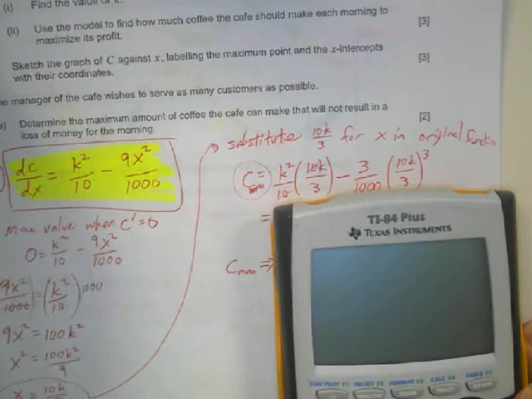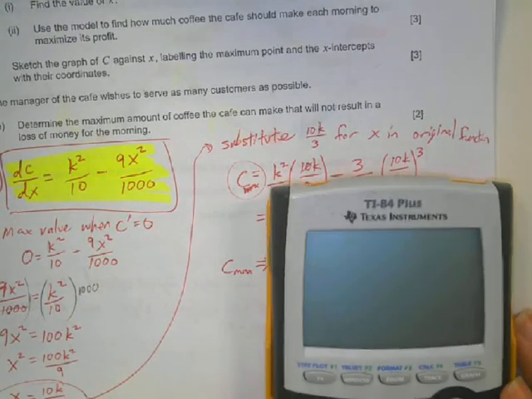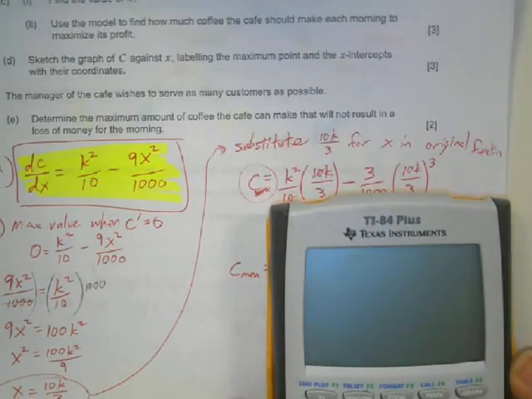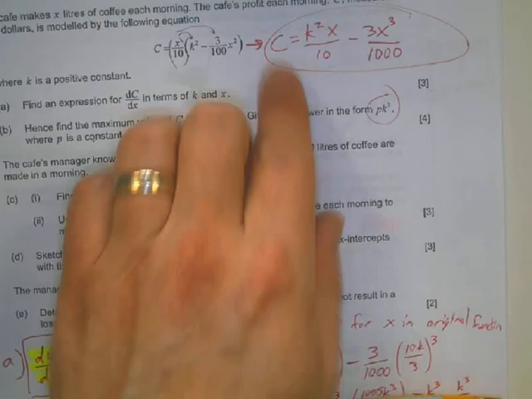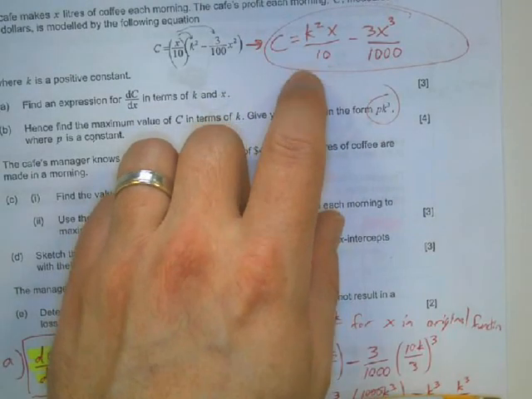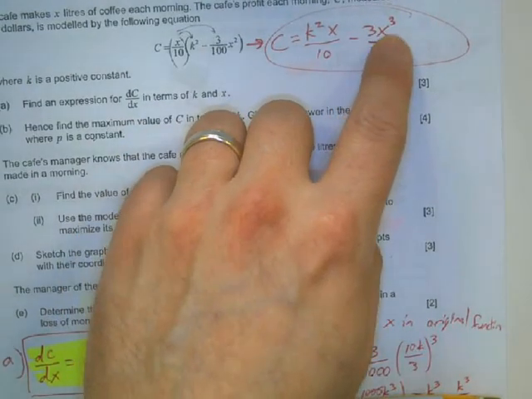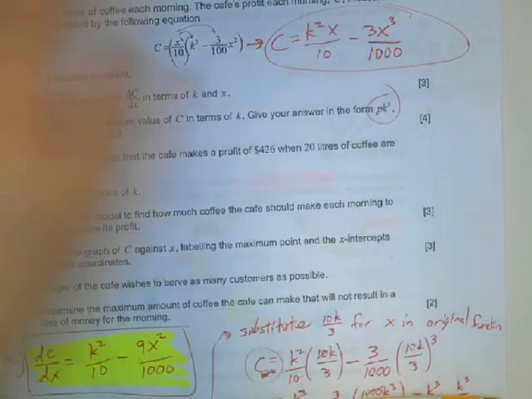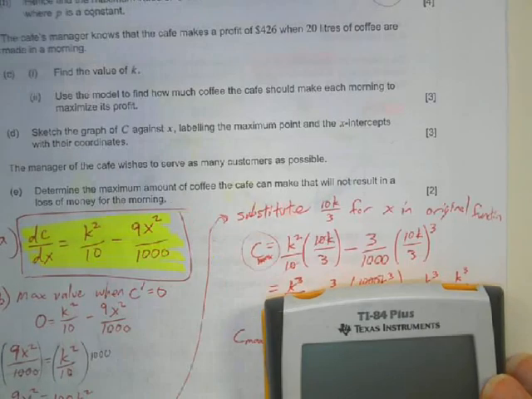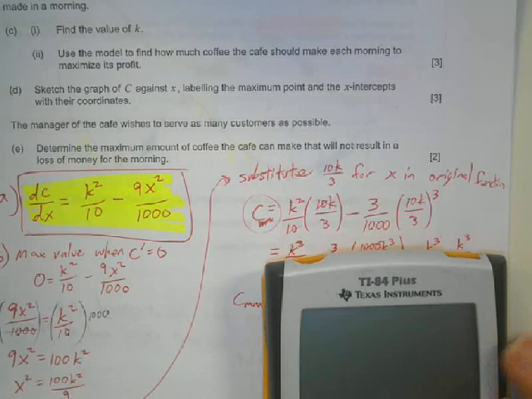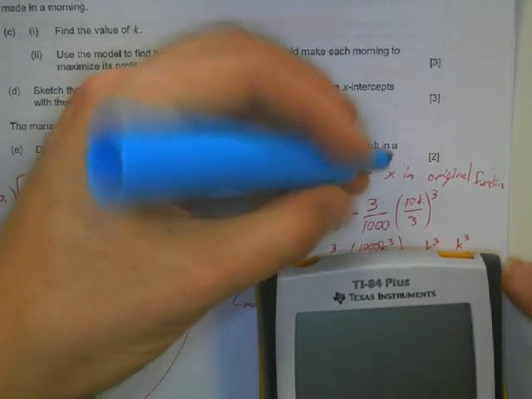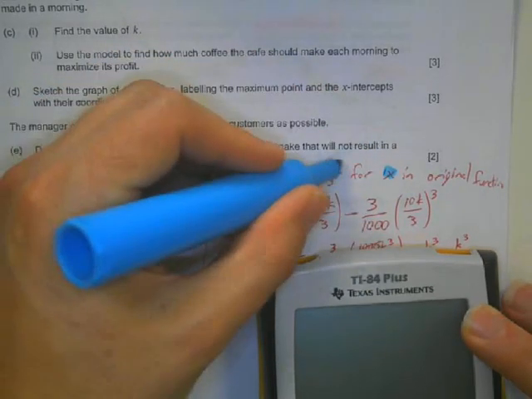And so I'm going to substitute 10k over 3 into the original function. So my original function is up here, k squared x over 10 minus 3x cubed over 1,000. So I'm replacing x with this.